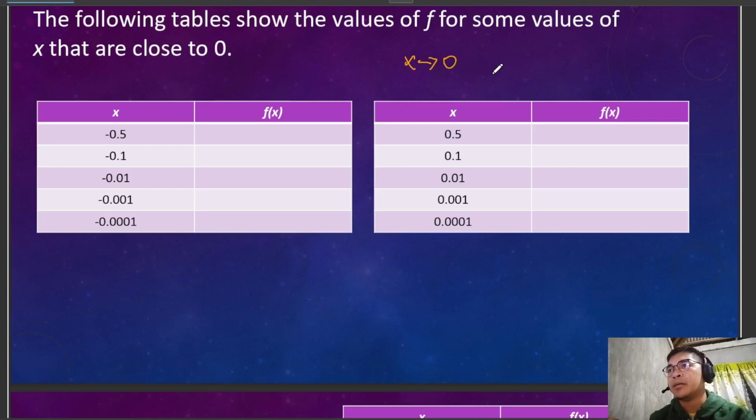So on this side, we have less than 0: negative 0.5, negative 0.1, negative 0.01, negative 0.001. On this side, we have greater than 0, from 0.5 until 0.001. Then we look at the value of f of x here, to see if they approach a unique number.